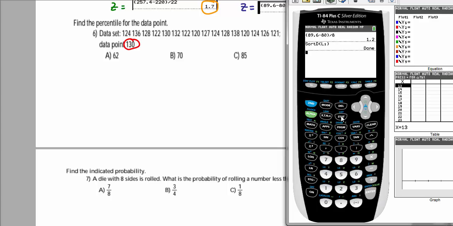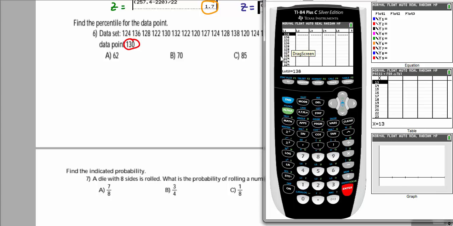Now I go back into my stat list and then to edit, and I'll see that it's sorted from the highest to the lowest value. Now if I look at these values, 138, 136, 132, 130, there is the one that I'm looking for. So let's pull this into our lecture, and we'll make a couple quick notes.